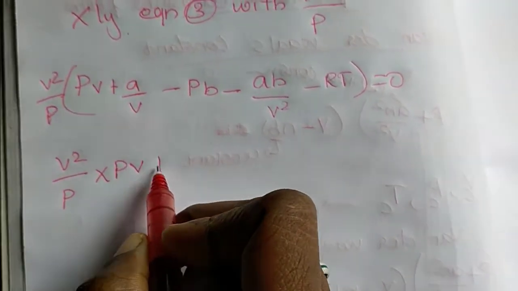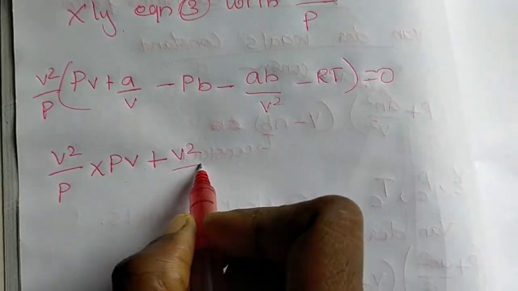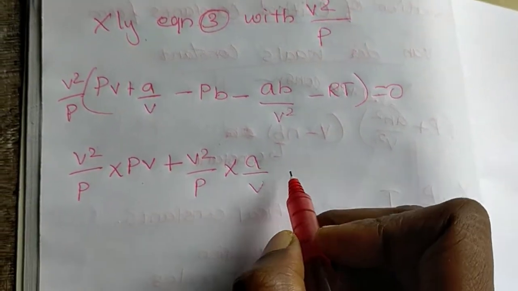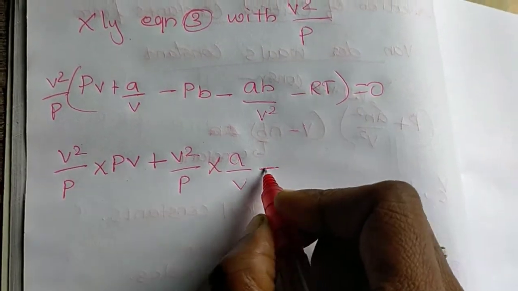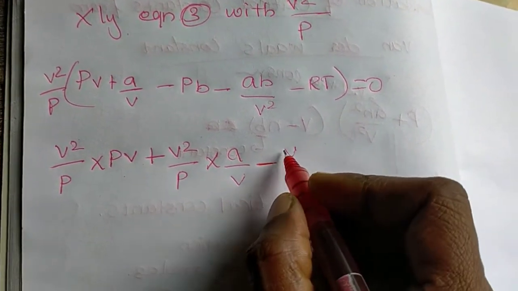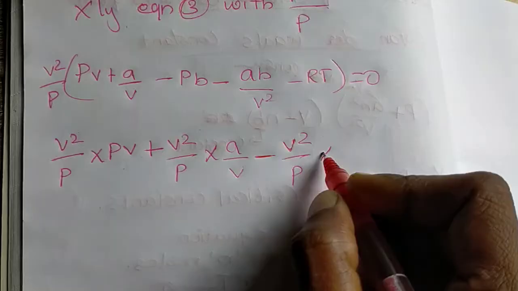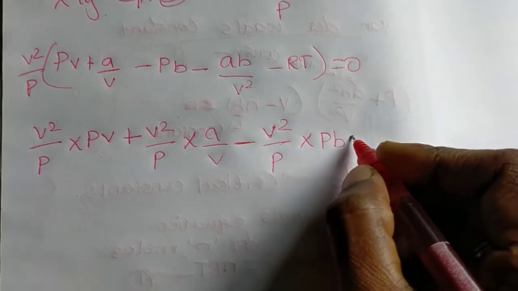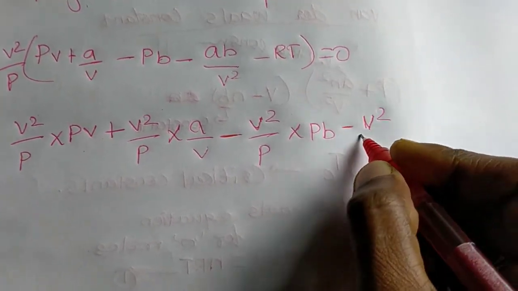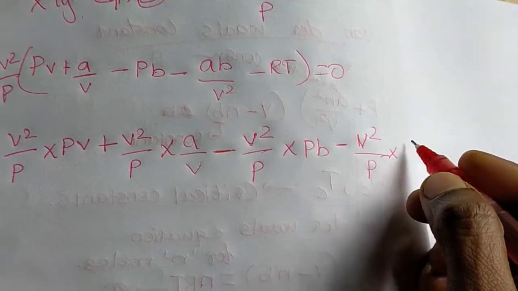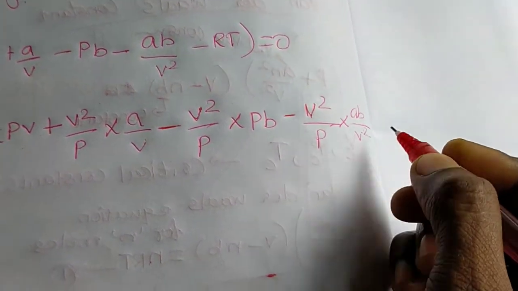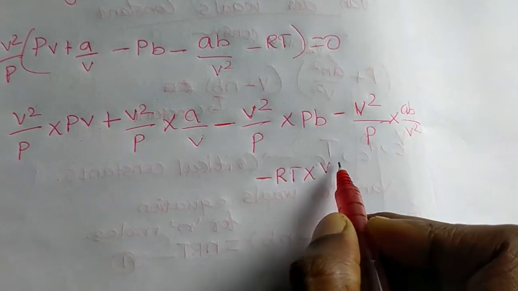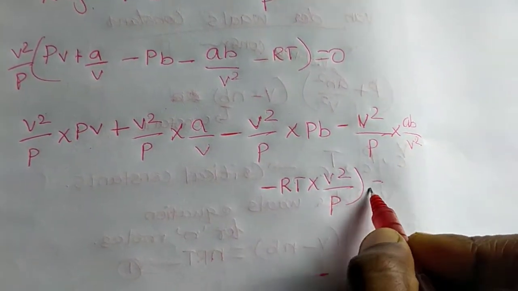So Pv, plus v square by P into a by v, then minus v square by P into Pb, then again minus v square by P into ab by v square, then again last term minus RT into v square by P is equal to 0.